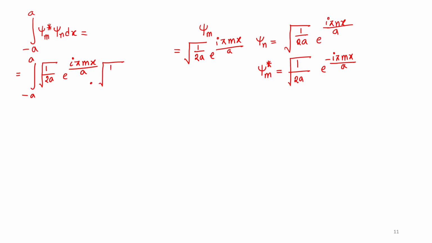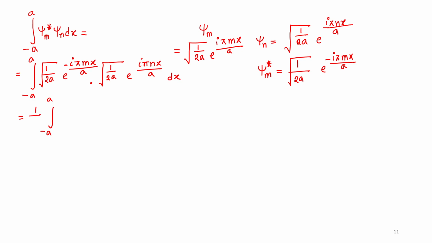Then 1 by 2a, and this is minus, sorry, I forgot the minus sign, and n will be as it is, i pi n x by a dx. What do we have here then? The product from minus a to a.